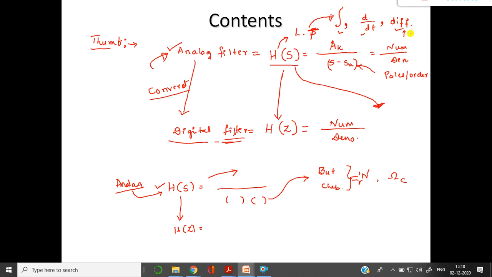Sometimes we call difference equations sampled versions of d by dt. For the time being, I'll leave this. But any signal you take in analog form will be in the form of integration or differentiation.